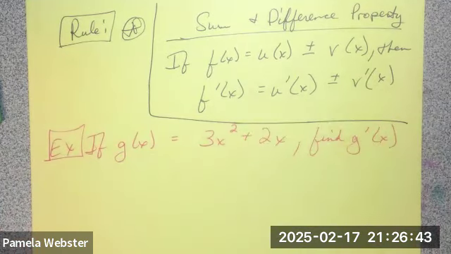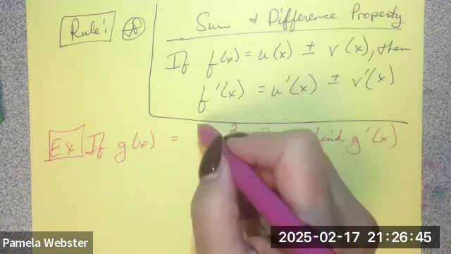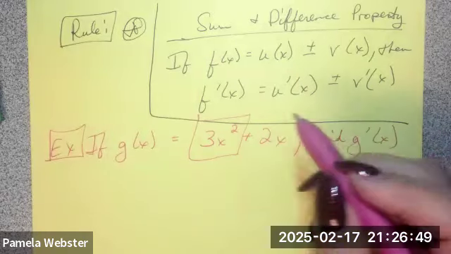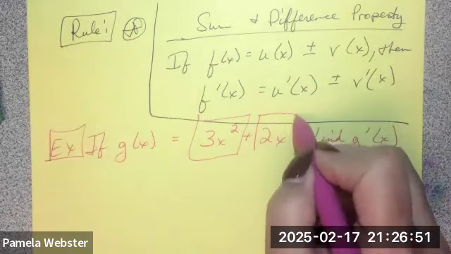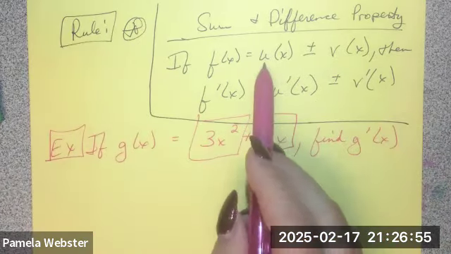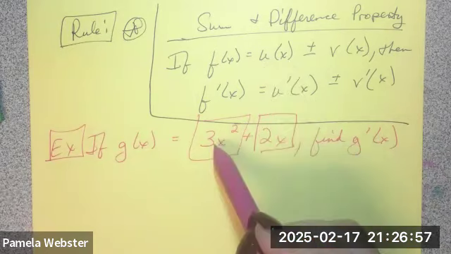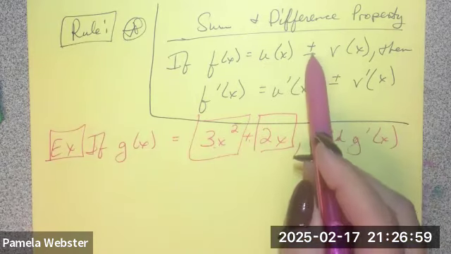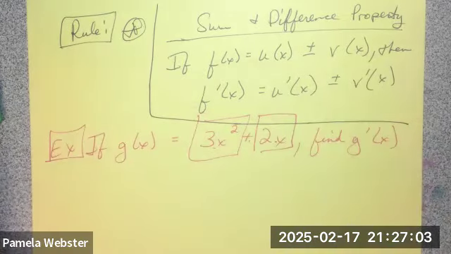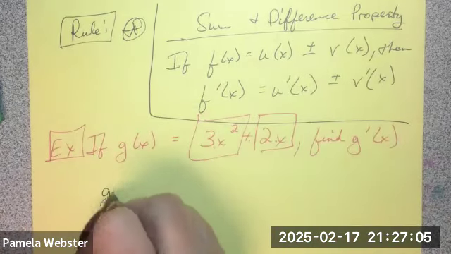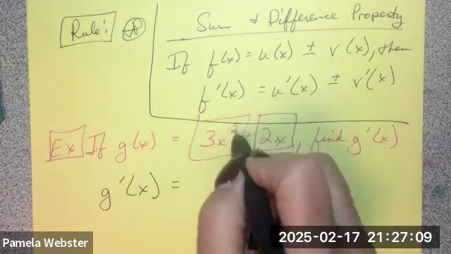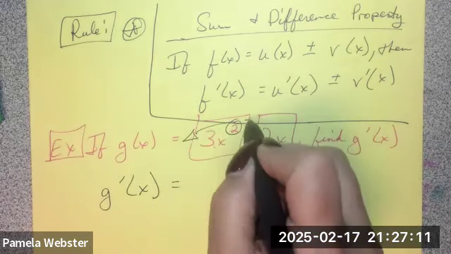When I see something like that, I say, hey, this is its own little thing, power function that I could take the derivative of, and this is its own little thing. So isn't it u of x, this guy, plus v of x, this guy? Yes. So the sum and difference property says you can take the derivative by taking the derivative of this guy.